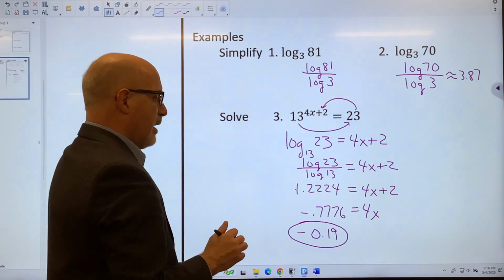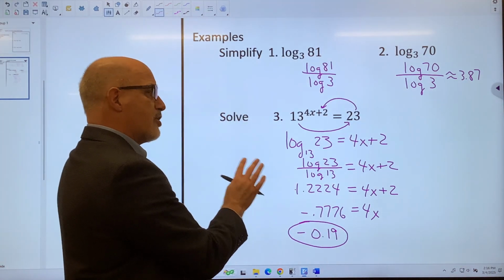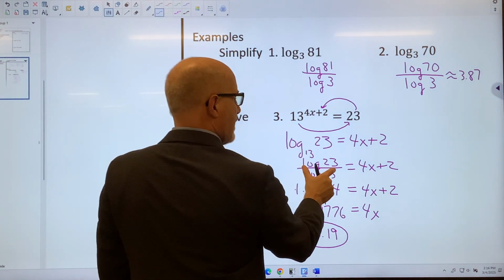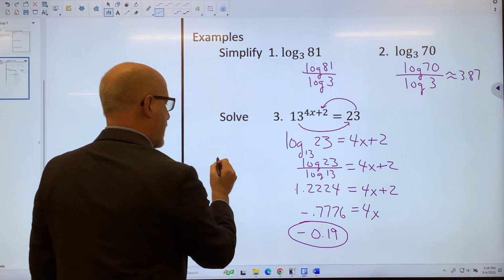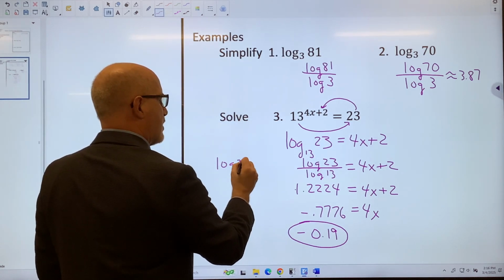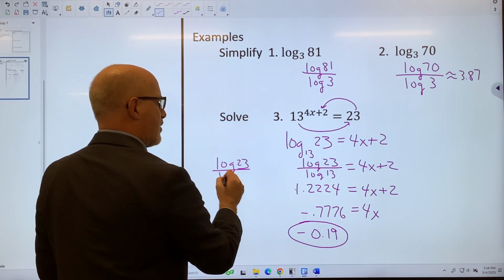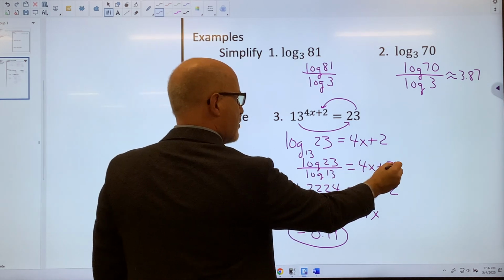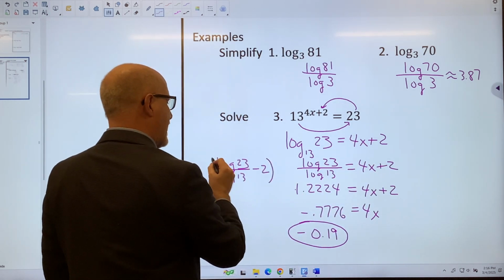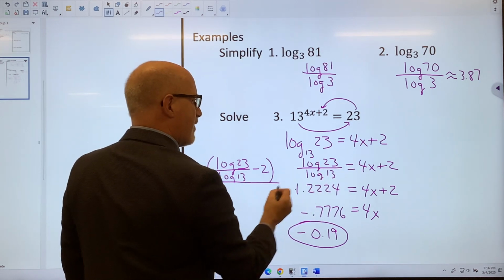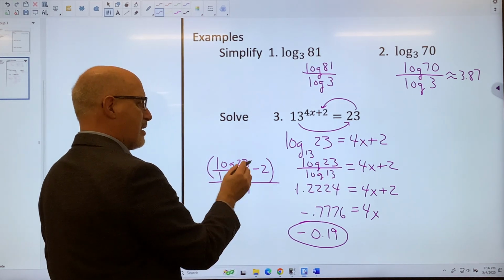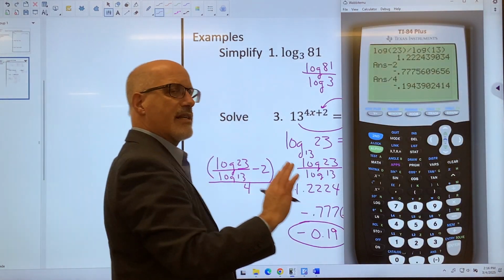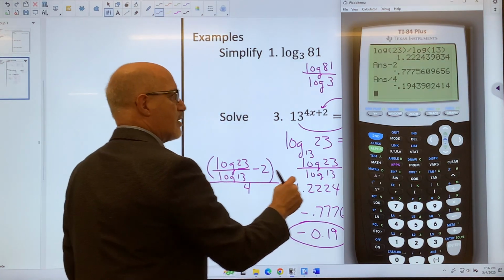Now looking at that, if I wanted to just do an exact answer, what I could do is go back to this statement here. Notice I could do log of 23 divided by log of 13, and subtract 2 from both sides, and then divide that by my 4 to get what the x is. By doing this process, I'm not rounding until the final answer. So let's take a look at that.